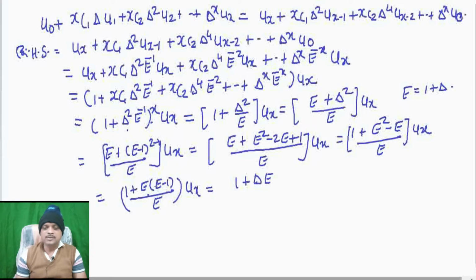Once again we have substituted e minus 1 equal to delta divided by e.